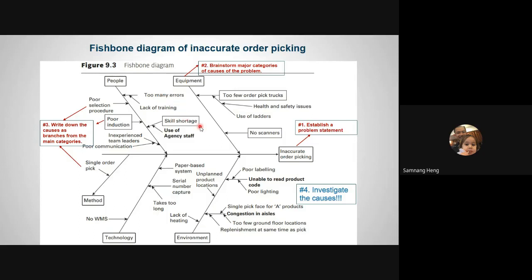Or maybe your company doesn't have enough resources to deal with the problem at once. So you circle any cause that does more harm to the company's order picking than the others.